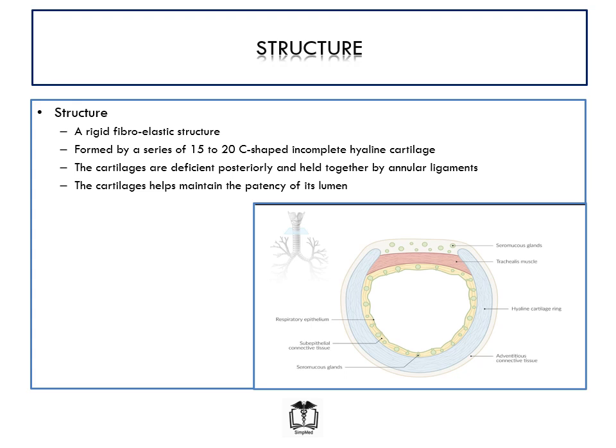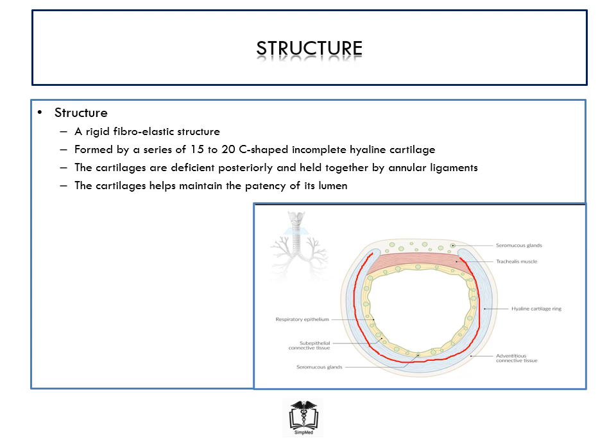We have about 15 to 20 C-shaped incomplete hyaline cartilages, and that is what gives the trachea its C-shaped or cylindrical form anteriorly. You can see how the cartilage of the trachea forms its anterior structure as the C-shaped, or U-shaped pattern, if you will.